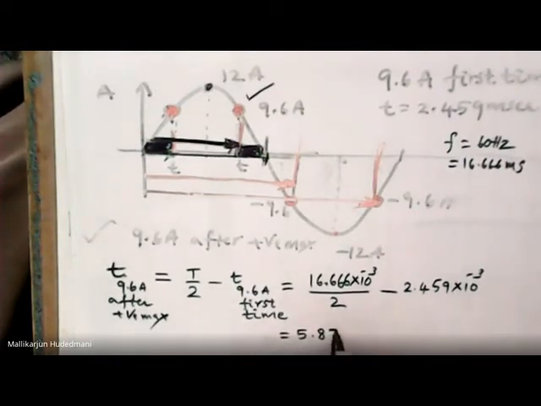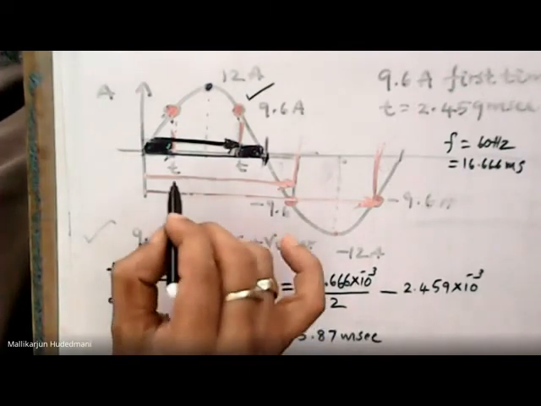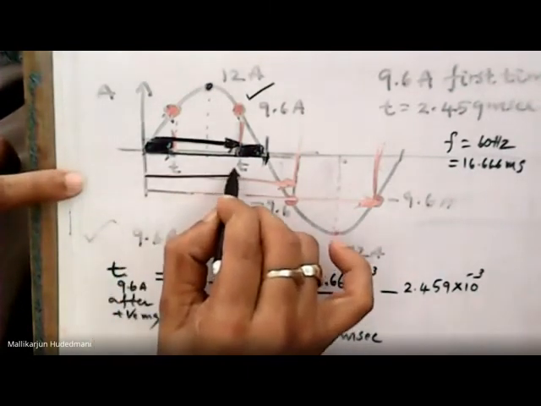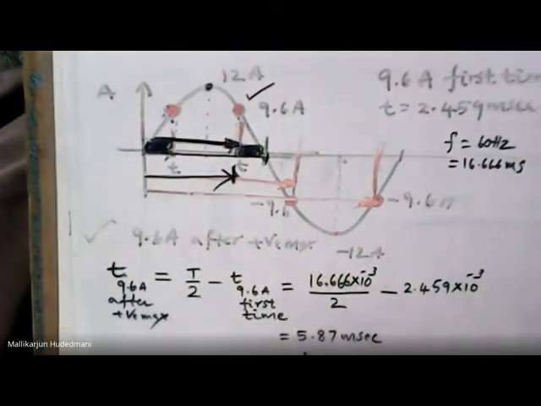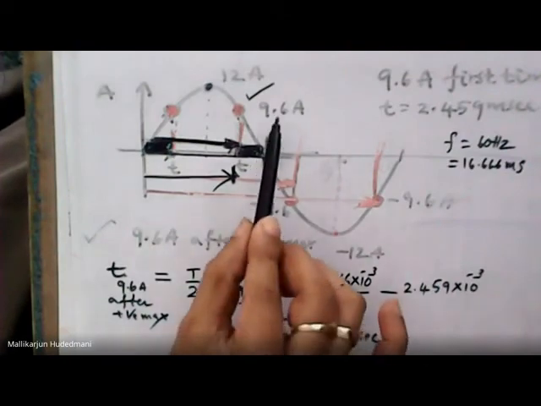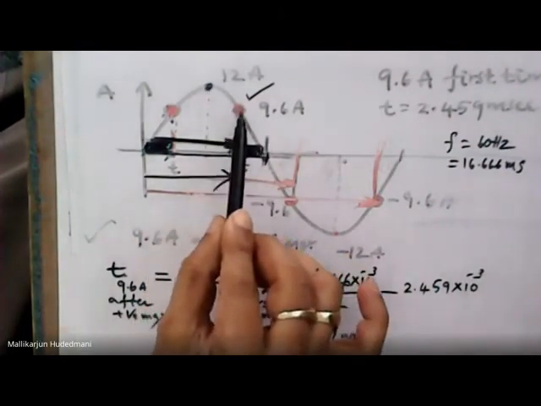So this length I got as 5.87 after solving this equation: 16.66 millisecond divided by 2 minus 2.459 millisecond gives 5.87 millisecond. That is the value of 9.6 appearing after the positive max.